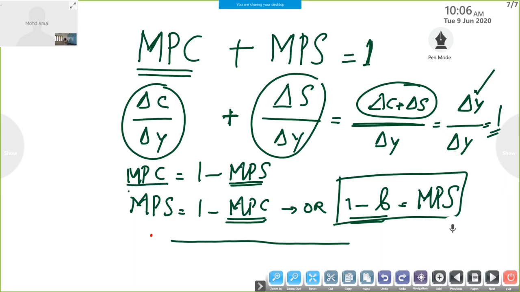So MPC, or B, is equal to 1 minus MPS, and MPS is equal to 1 minus MPC. Wherever MPC comes we can use the letter B.